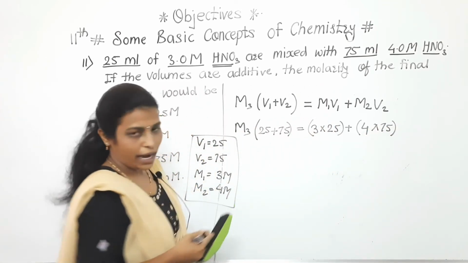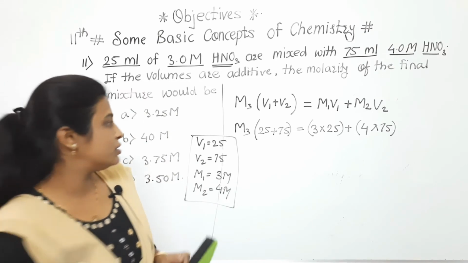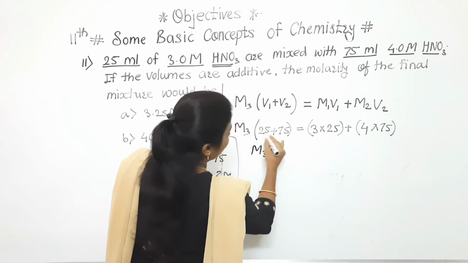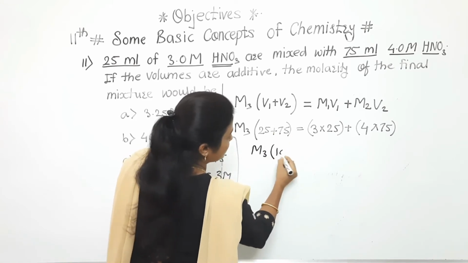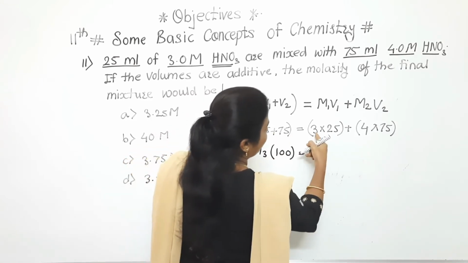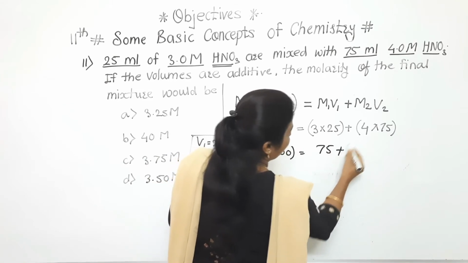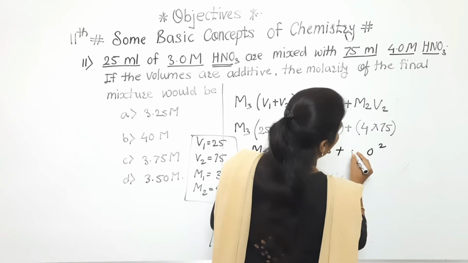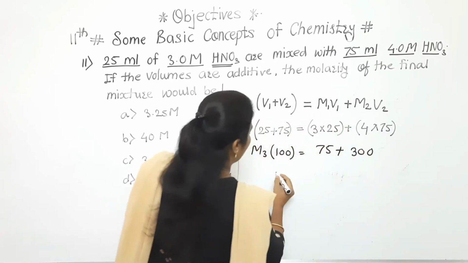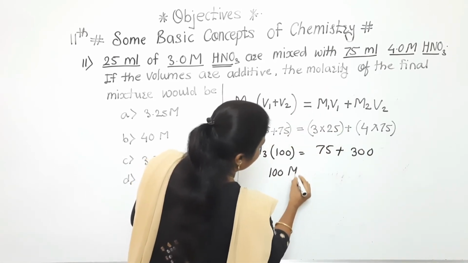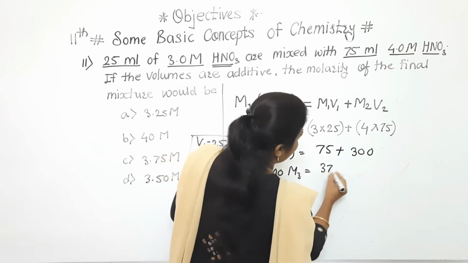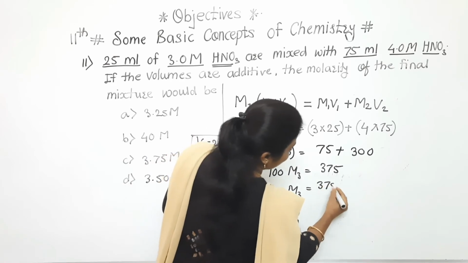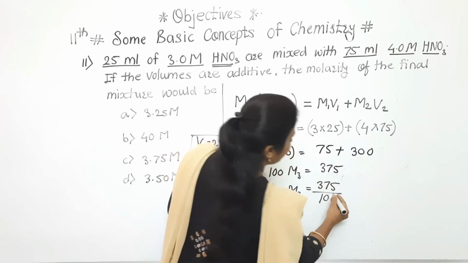Calculating, 3 times 25 is 75 and 4 times 75 is 300, which adds to 375. So 100 M3 is equal to 375, which means M3 is equal to 375 divided by 100.